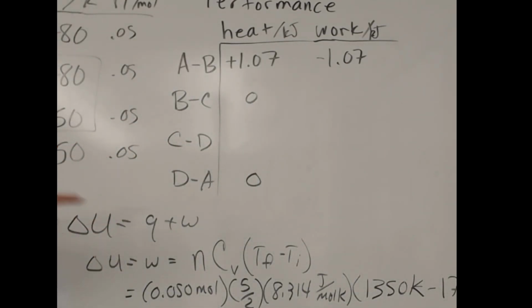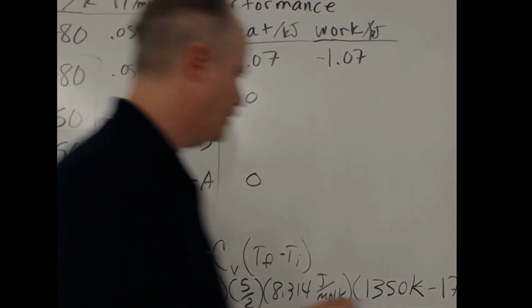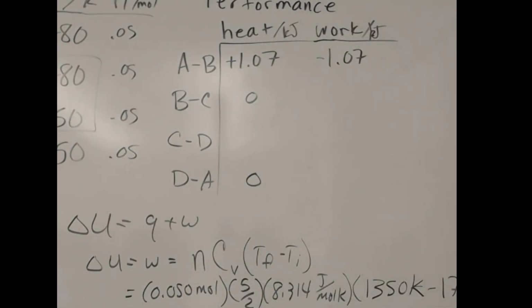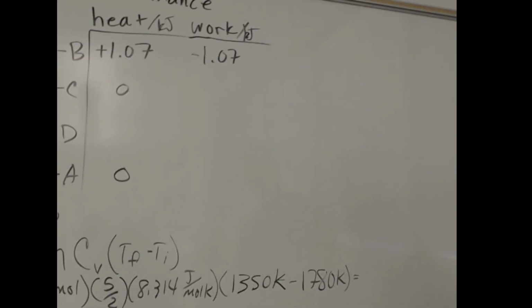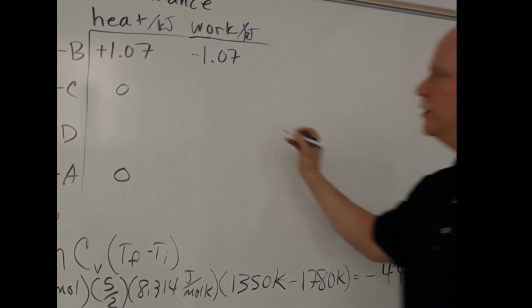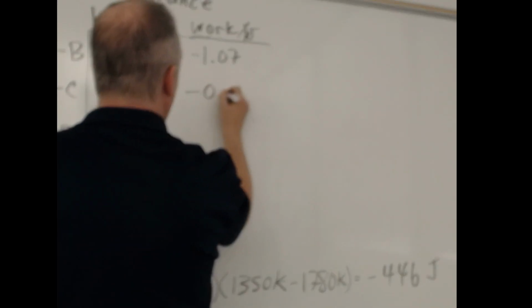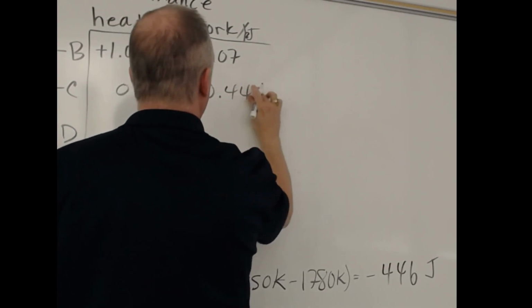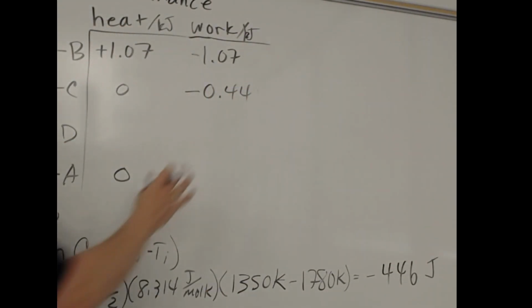So that's a small number minus a large number, so we're going to get a negative number for our energy change. That's right, because we're dropping in temperature, and also we're doing work. Negative 146 joules. Okay, so I'm going to put negative 0.44 kilojoules, or 45.